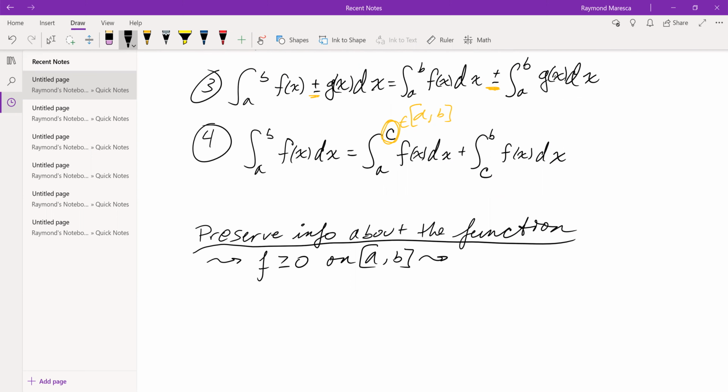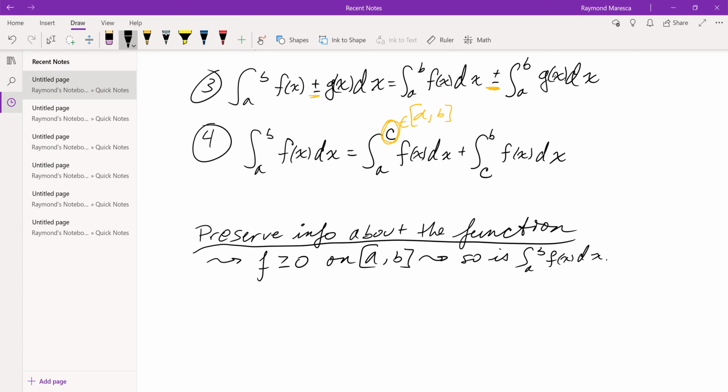Well then, so is the definite integral from a to b of f of x dx. We can use these properties that the definite integral preserves about the function to compare functions and even find upper and lower bounds for the integral.